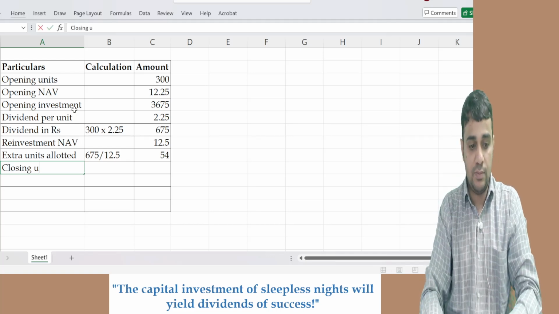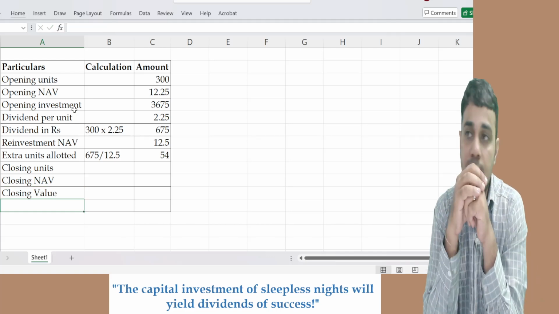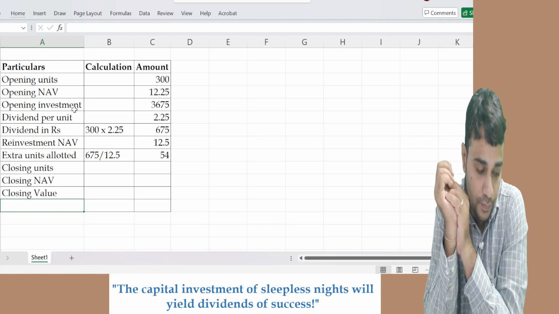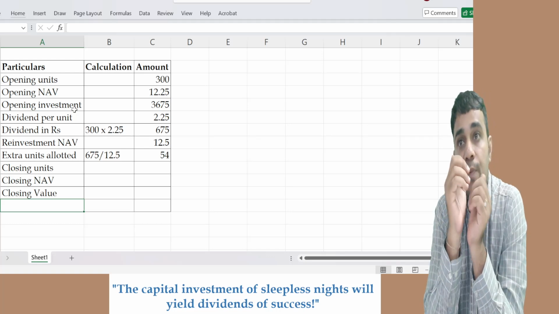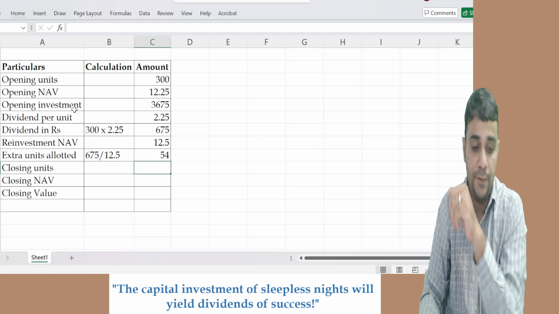Closing units, closing NAV, closing value. The number of units goes up from 300 to 354.